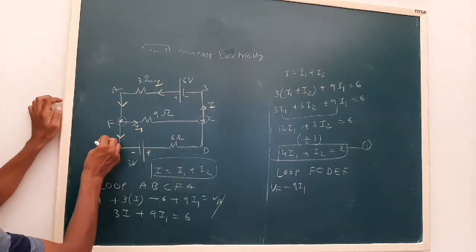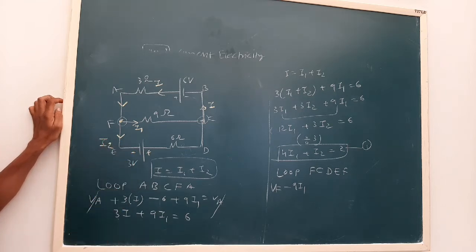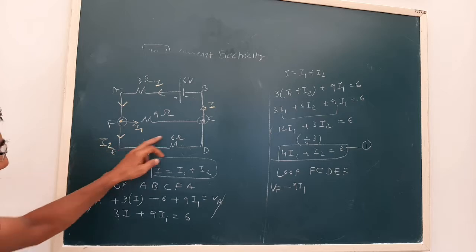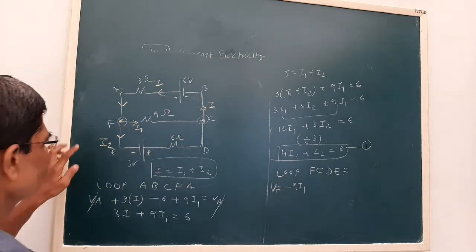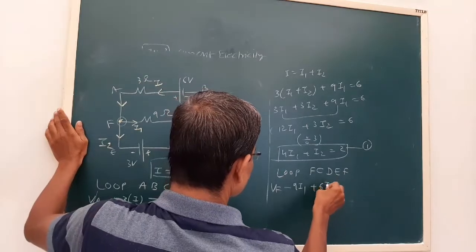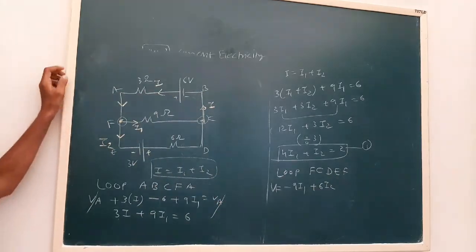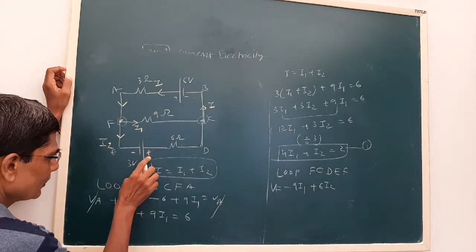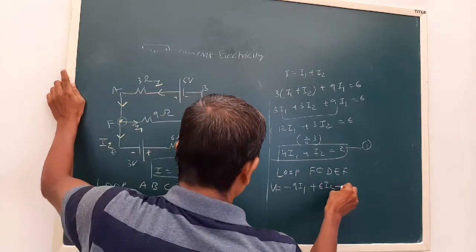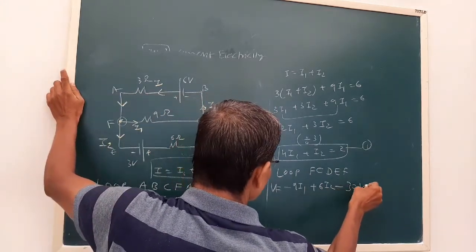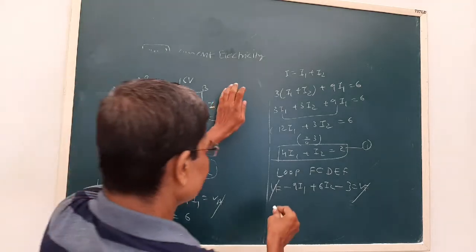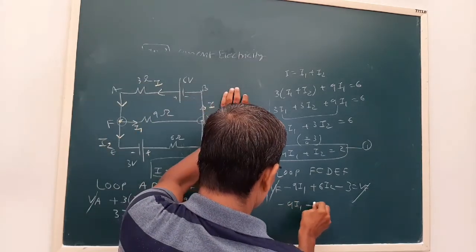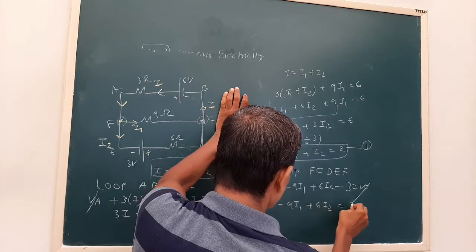We move from D to E, current is in ED direction, so it will be plus 6I2. Now we move from plus to minus of the battery, minus 3. So now the equation: minus 9I1 plus 6I2 is 3.